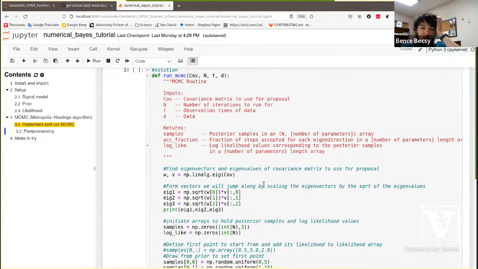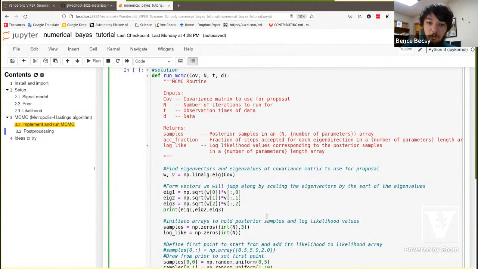So, as I said, it's really easy. You just use numpy linalg.eig. You can get the eigenvalues and eigenvectors of the covariance matrix. And then the way we want to use this is that we take the three different eigenvectors we have, and those are just stored in this matrix form. So to get the eigenvectors, you just take a slice through that.